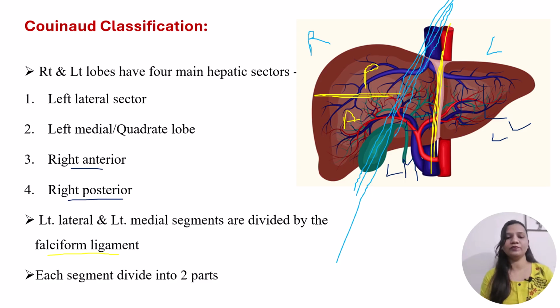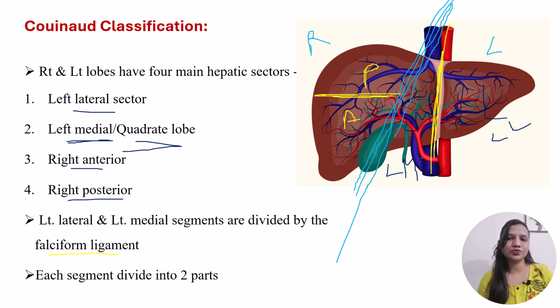On the left lobe we get the left lateral sector and left medial sector, which is also known as the quadrate lobe. This quadrate lobe is known as the left medial segment.